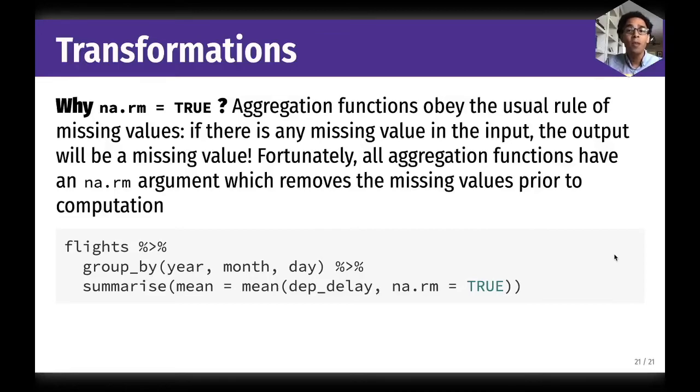If there is any missing value in the input, the output will be a missing value. This is the way that R has to give you a warning that you have some missing observations in the particular attribute that you're trying to do a computation. Fortunately, all aggregation functions have an na.rm argument, which will remove the missing values prior to computations.